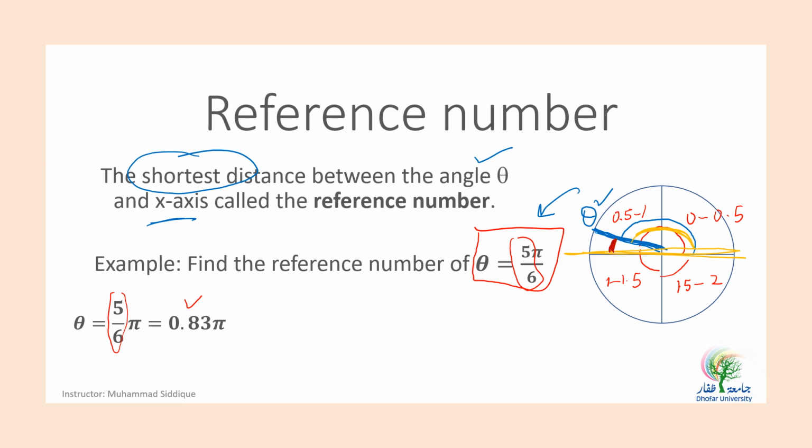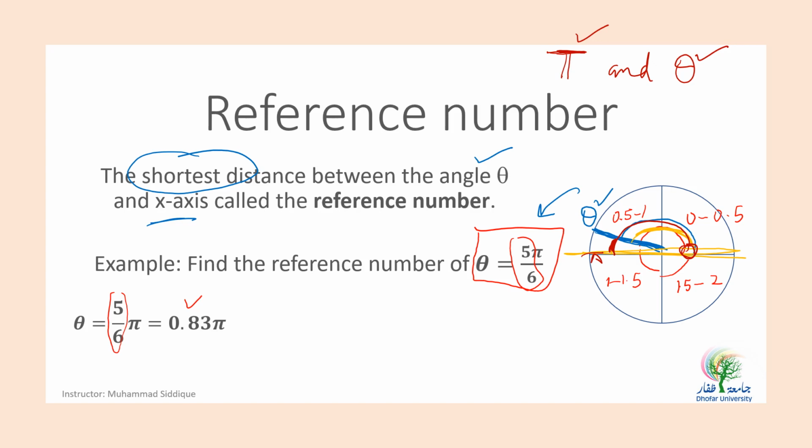We start from 0, and from 0 till here it is called pi. Now I have to find the distance between pi and theta. One of them is a large value and one is small. Pi is large here and the angle theta is small here.